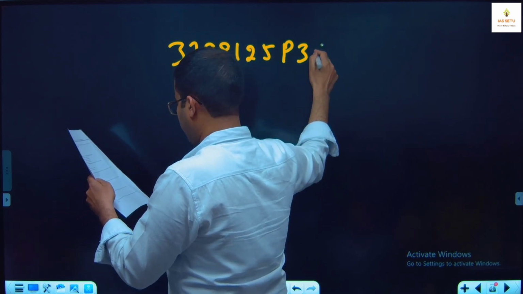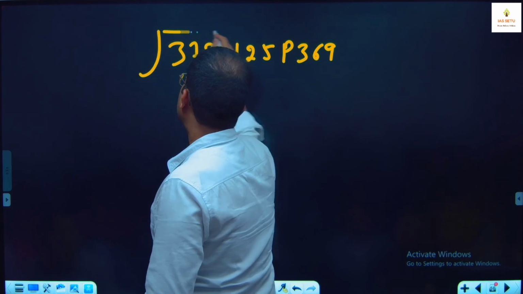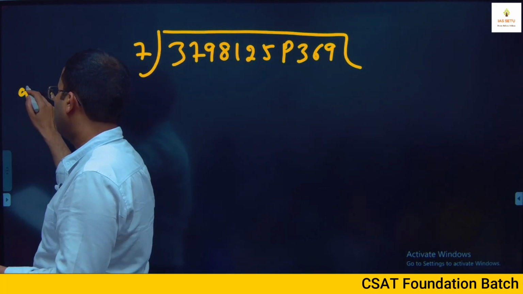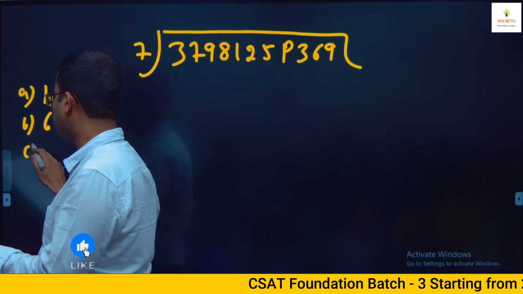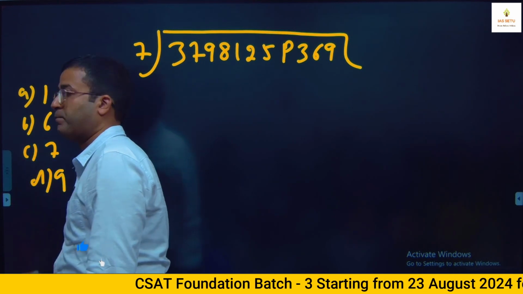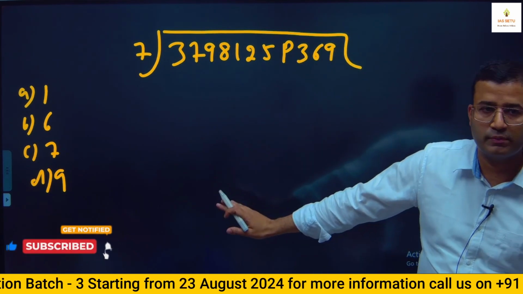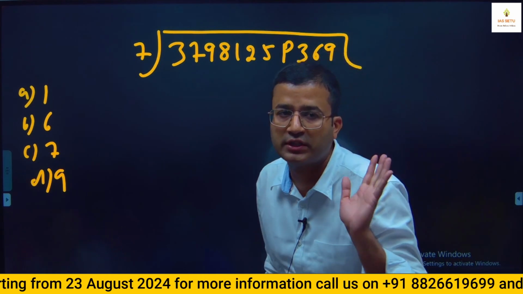3798125P369. We have to divide it by 7. Answer options are available: 1, 6, 7, 9. Okay, I use the school method and within 15-20 seconds you can answer.